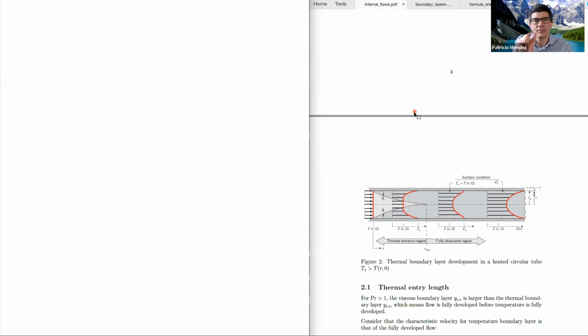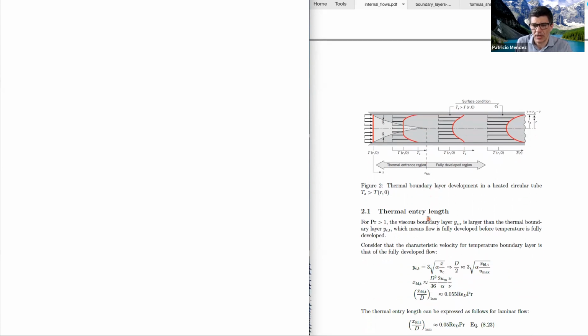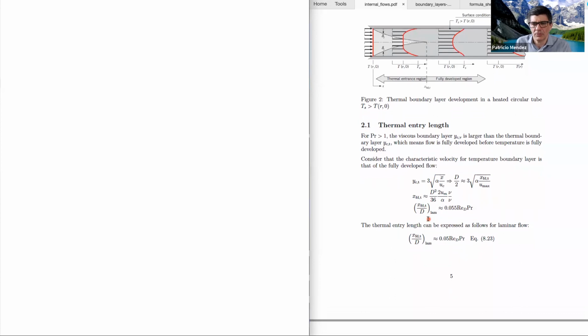Because the two hydrodynamic, viscous boundary layers are very thick and collide with each other very soon. And the thermal boundary layers keep flowing downstream in fully developed flow, right? Until those two collapse.